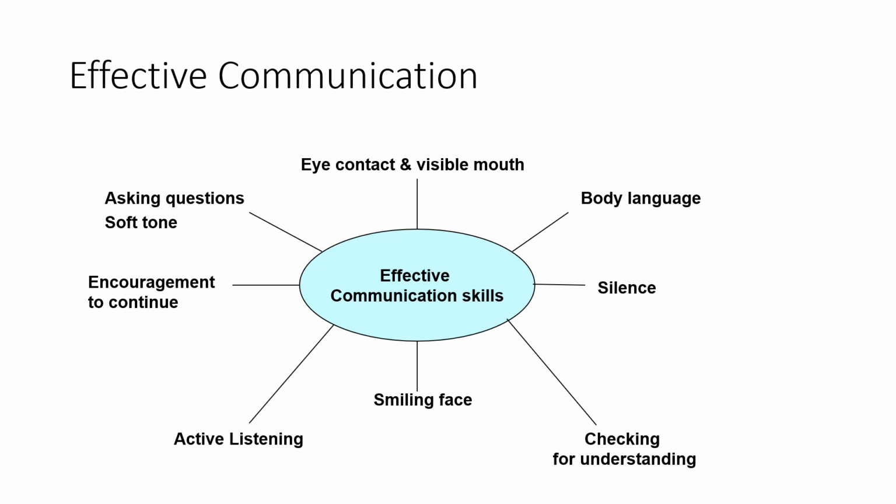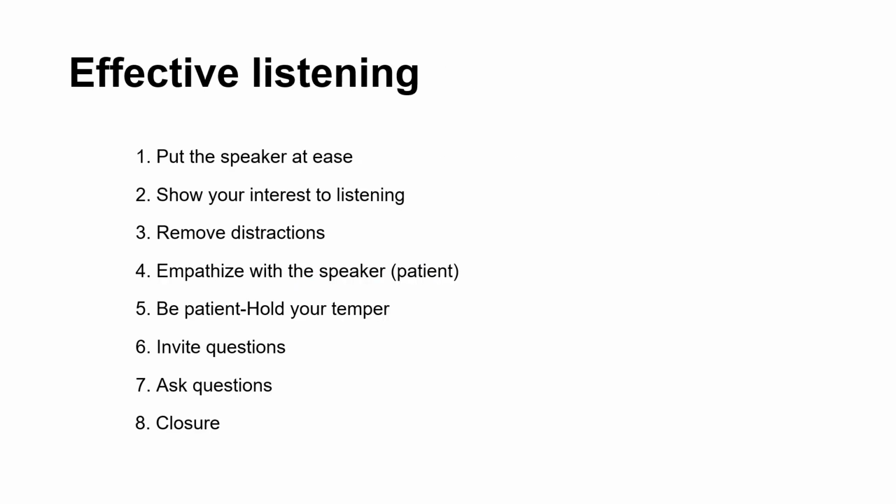Now, overall, this includes the verbal and non-verbal communication. Effective listening steps would be: put the speaker at ease, show your interest in listening. Speaker here would be patient. Remove distractions, empathize with the speaker, be patient, hold your temper, invite questions, ask questions, and find.